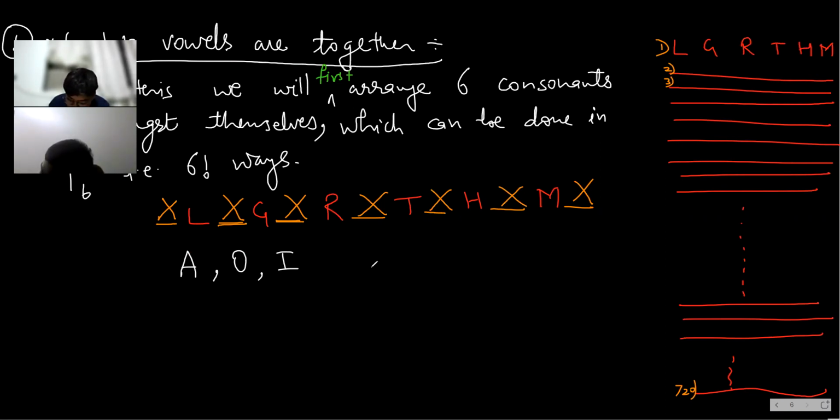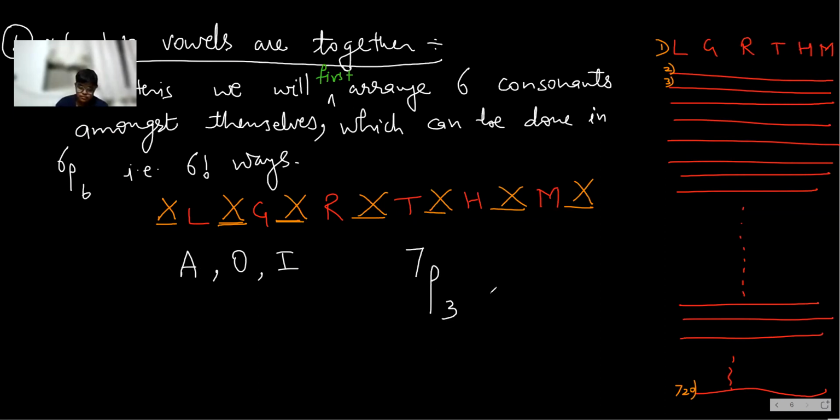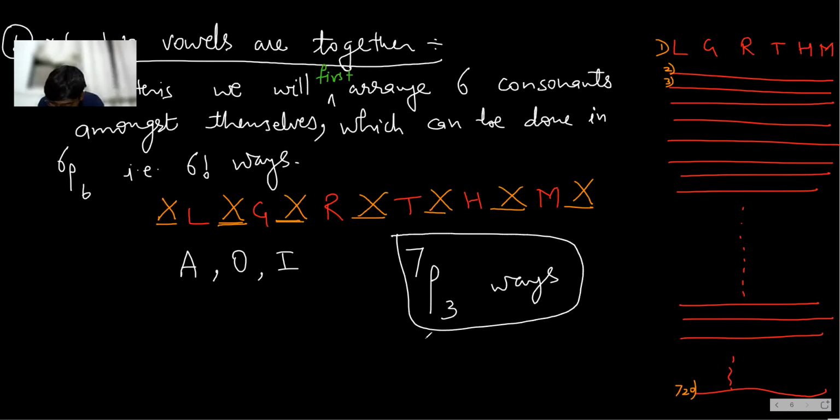And that can be done in, see, what are you doing? You are having 3 letters to be arranged at 7 places. So that can be done in 7P3 ways. What is 7P3 equal to?